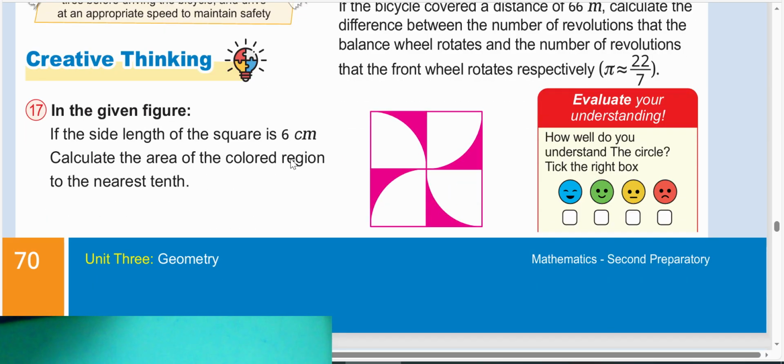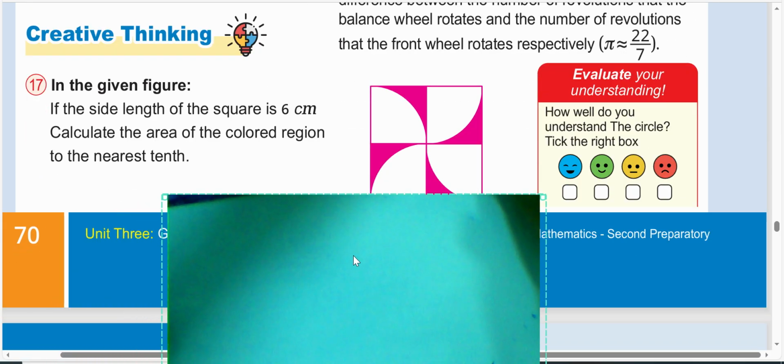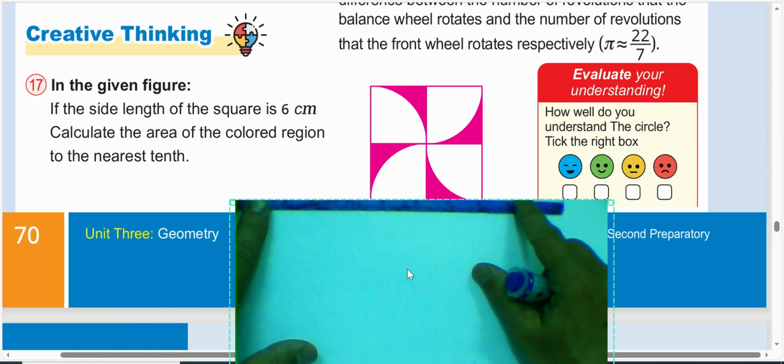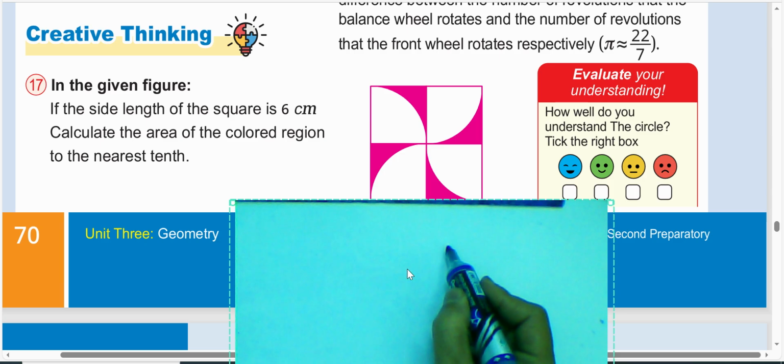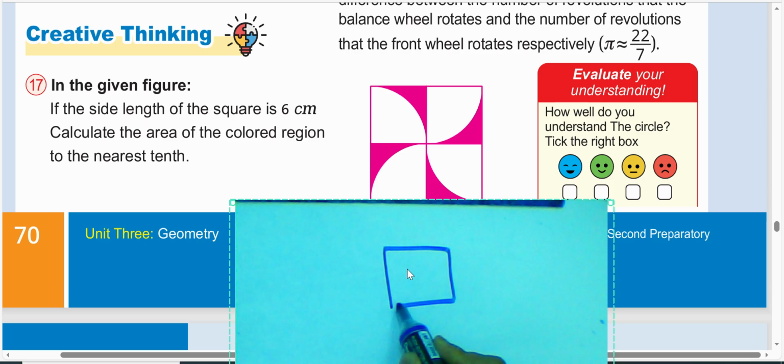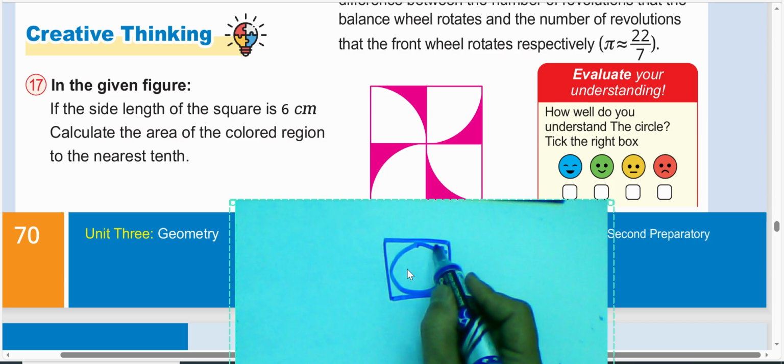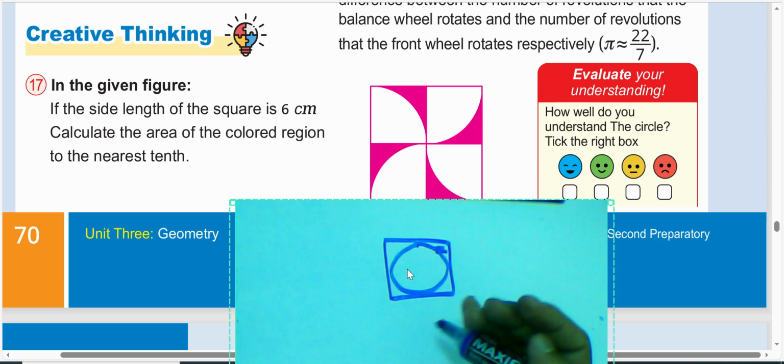Next question. Creative thinking. In the given figure, the side length of the square is 6 centimeters. Calculate the area of the colored region. Okay, listen to me. Look at the colored region. We have 1, 2, 3, 4. If you collect them together or rotate, it will take the shape of a circle. The colored parts we can move or replace.